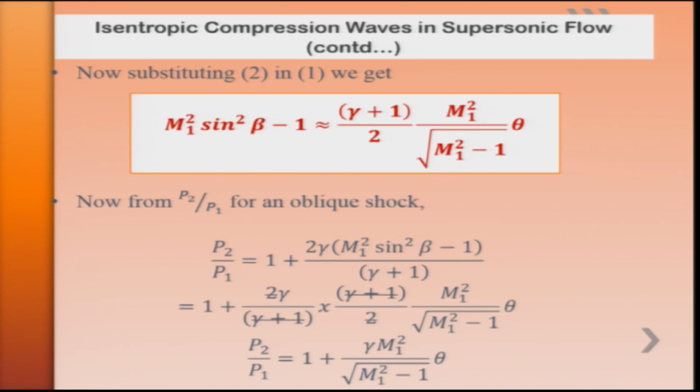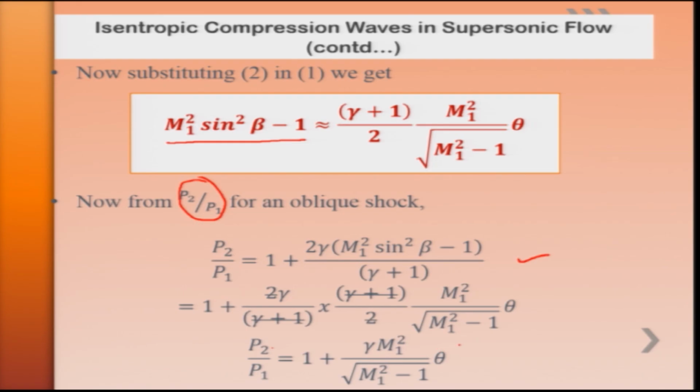Now, we know the static pressure ratio of an oblique shock wave relationship, which is written over here. Since M1 square sin square beta minus 1 is deduced like this, if I replace the whole bracket in the numerator with this, I can obtain P2 by P1 is equal to 1 plus gamma M1 square upon square root of M1 square minus 1 into theta.